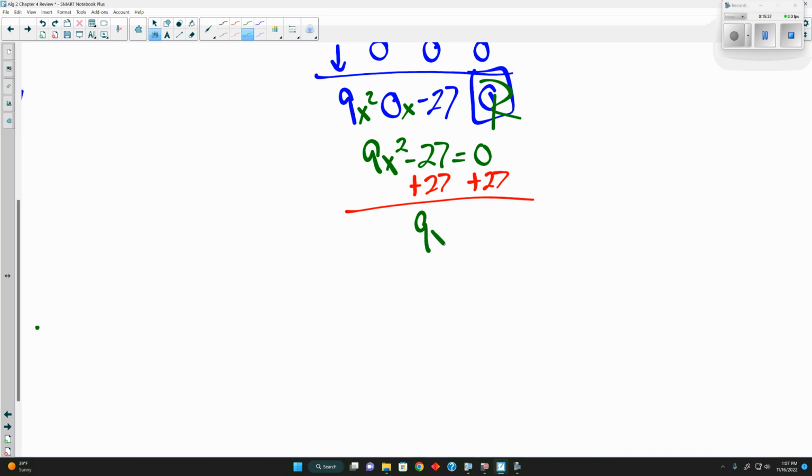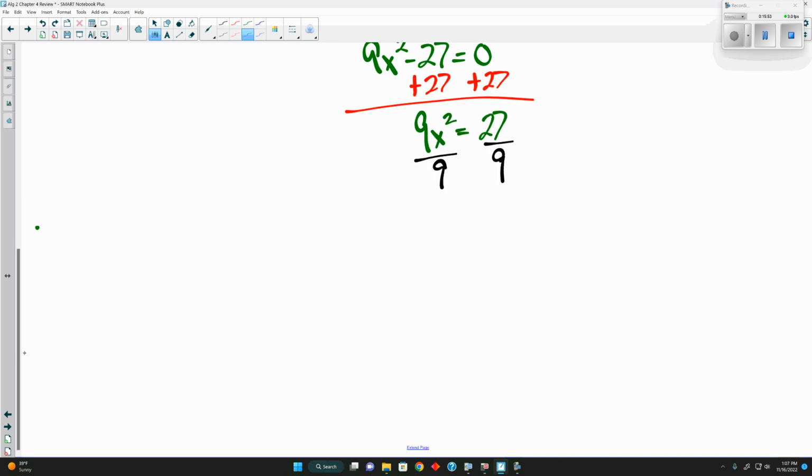We can just add it to both sides, telling us 9x squared is equal to 27. Then what can we do? Almost. Divide by 9. We want to get it by itself first. And what that'll tell us is that x squared is equal to 3.